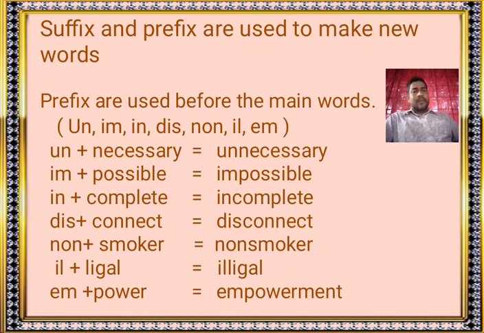Dear students, in this way we can make thousands of new words by using a prefix before a base word or root word. Dear students, now I am taking you to the next slide.